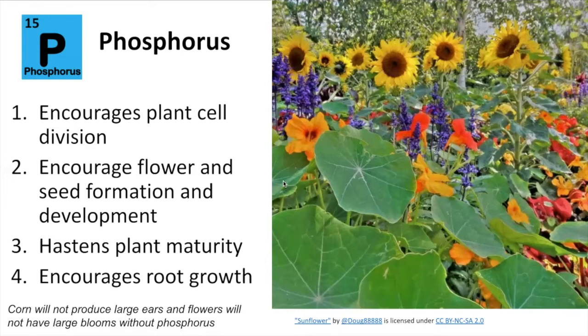Where would you put a fertilizer like that? 30-0-0. 30% nitrogen, 0% phosphorus, 0% potassium. In your front yard. In your front yard. You want a lot of nitrogen, nice green growth, nice fast growth. Okay.